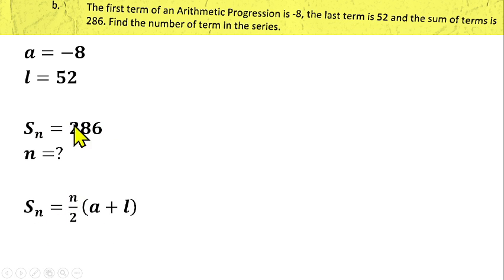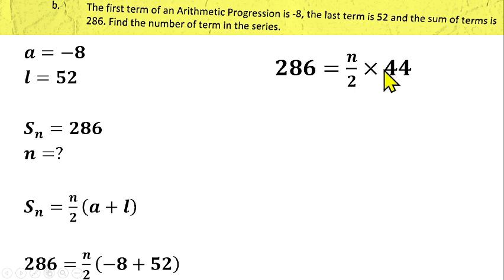So if you substitute that here, you have 286 is equal to n over 2 into our a, which is minus 8 plus 52. So from there, minus 8 plus 52 gives us 44. So you have 286 is equal to n over 2 multiplied by 44.